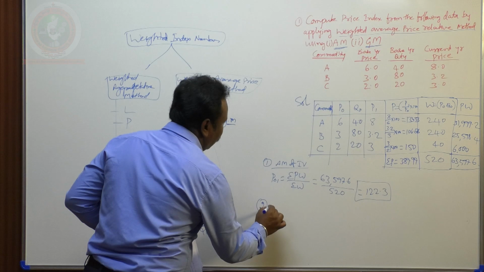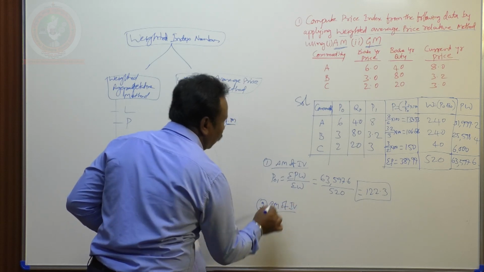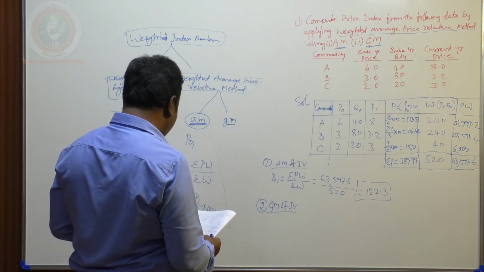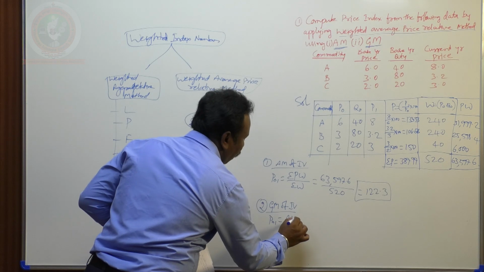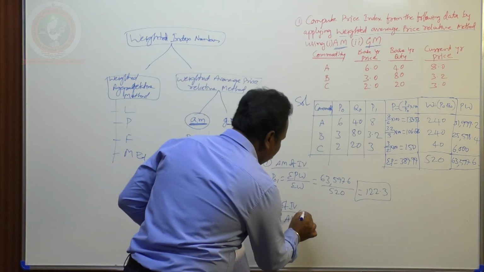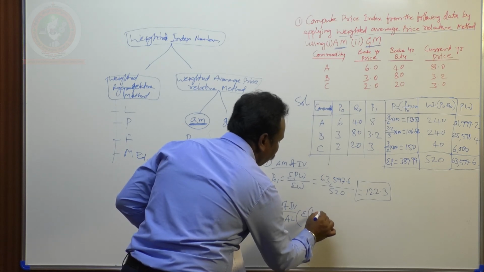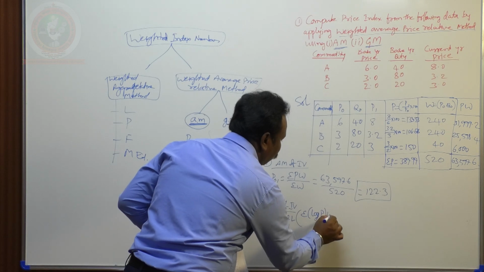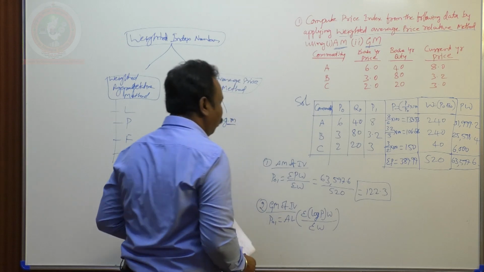Number 2 is the geometric mean of index value. So that is P01 equals anti-log of summation of log P into weights, whole divided by summation of W, the weights.